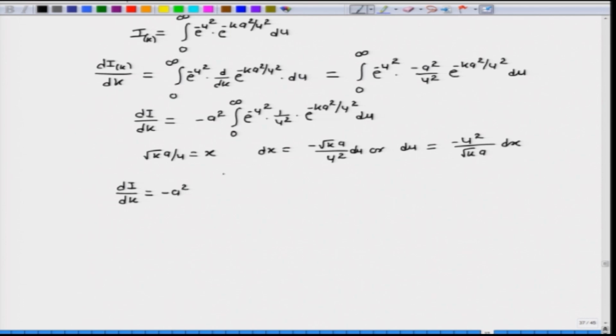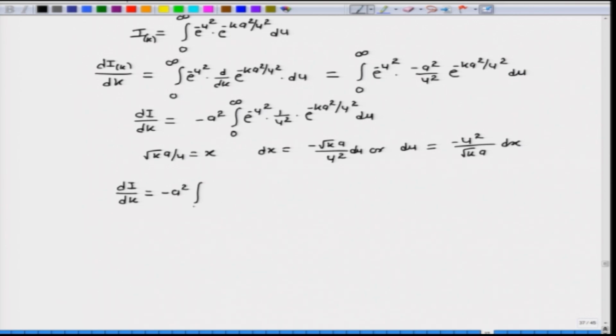minus a square integral, and if we see the limits, when u is equal to 0, x will tend to infinity, and as u tends to infinity, x will tend to 0.